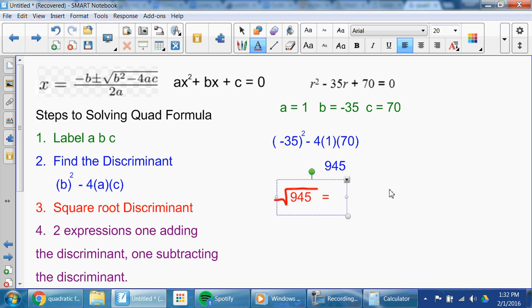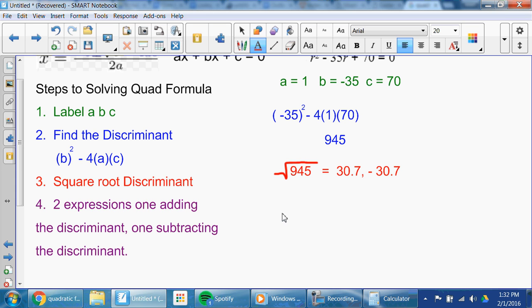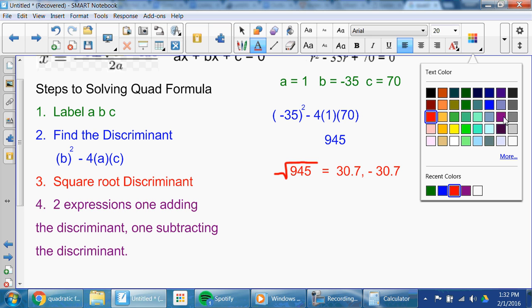Square root of 945 gets me 30.7 approximately. And the thing about this, that gets me 30.7 and negative 30.7 because we're looking for 2 solutions because our discriminant was positive. Now I might write my 2 different expressions, one adding the discriminant, 30.7, and one subtracting the discriminant because there's a positive and a negative value.